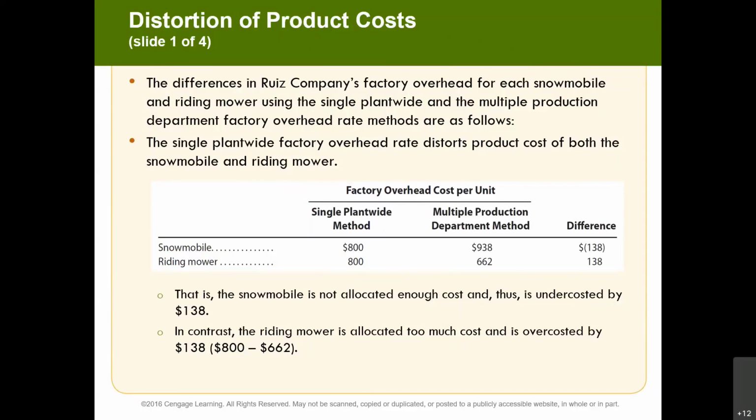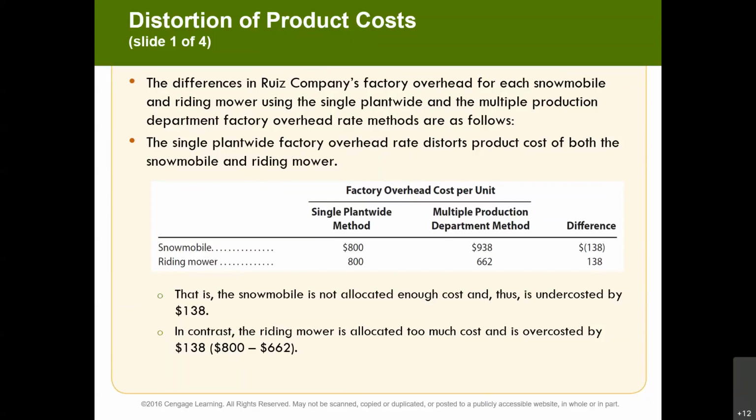And distortion is represented by the difference of each method of allocation of factory overhead. So we're going to look at the differences between the single plant-wide method and the multiple department allocation method. The differences are shown for the factory overhead of each snowmobile and riding lawnmower between the single plant-wide method and the multiple department method.